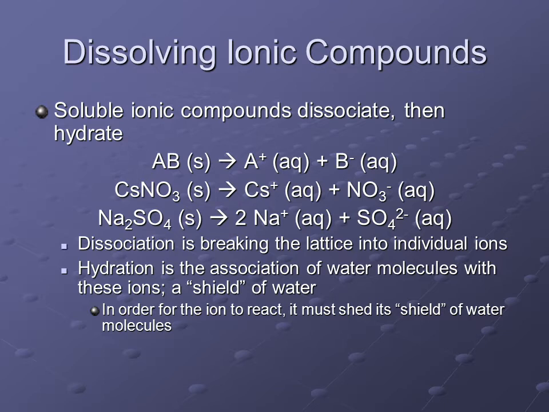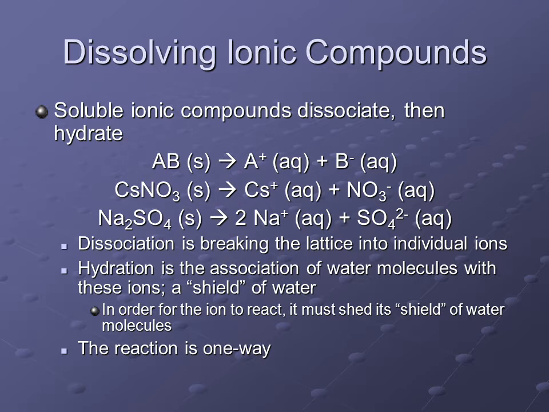In order for ions to react, they have to shed this shield of water. In other words, if the ion is going to react, it has to get the water out of the way first, and then the ion itself can take part in a reaction. This can sometimes be an obstacle to reactions in aqueous solutions. Most of the time it's not something you have to worry about at the level of AP Chemistry.